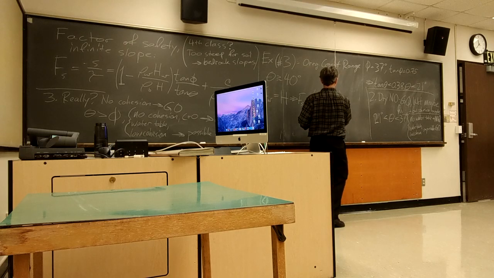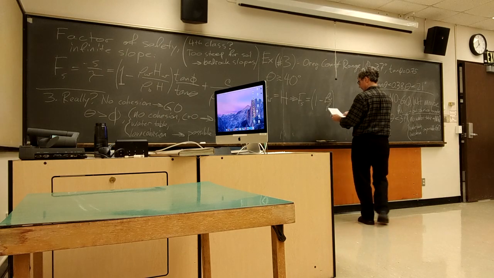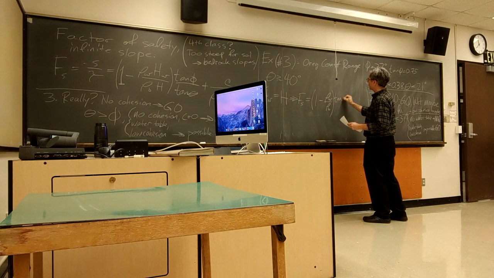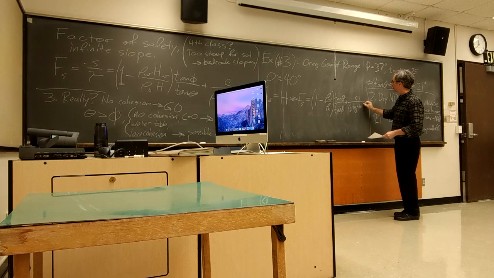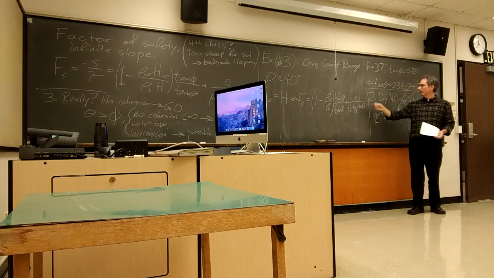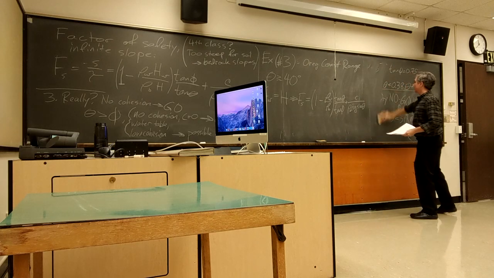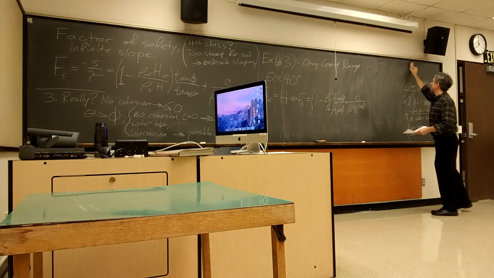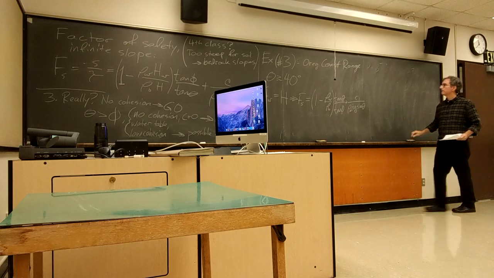And I'm just going to erase those for the sake of giving myself the space. Then we've got our ratio of tan theta to tan phi, and our cohesion term, and we want to know when is that going to be greater than 1? And what's the cohesion at that point?